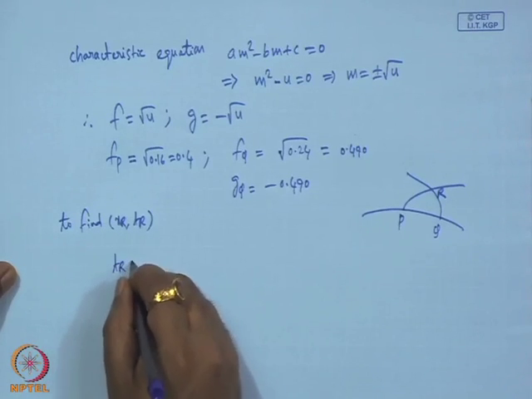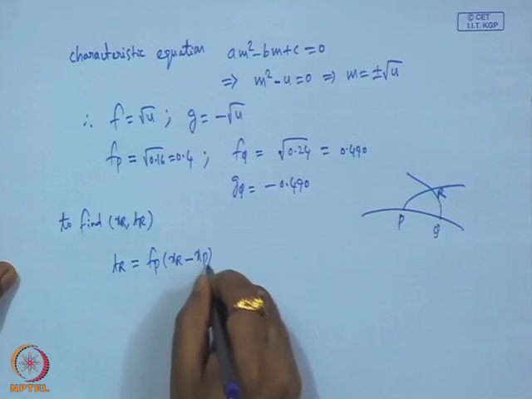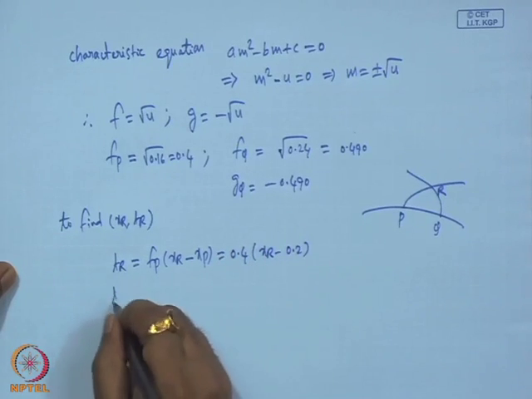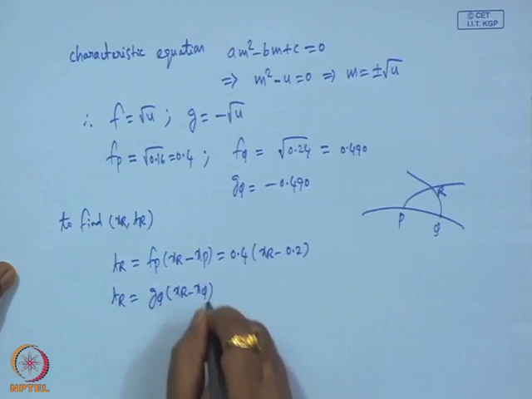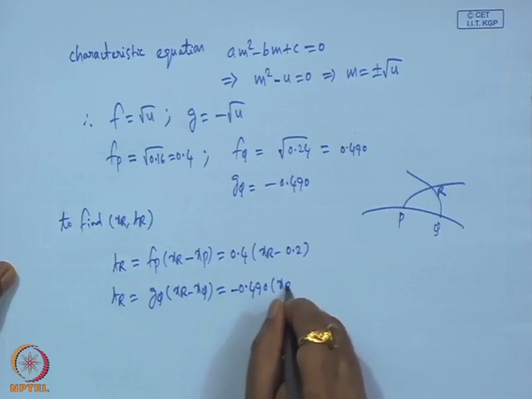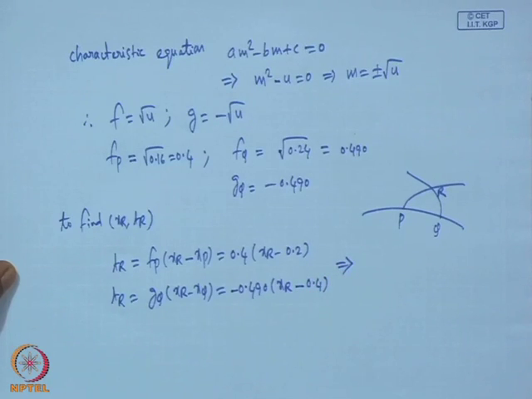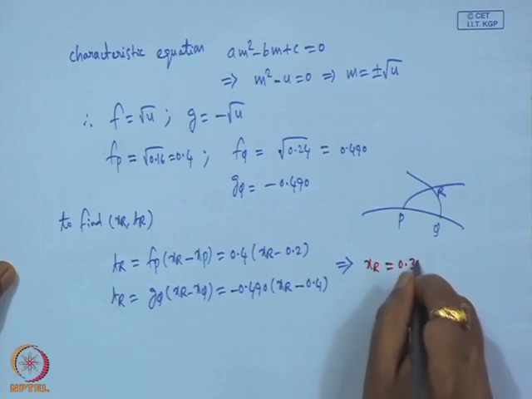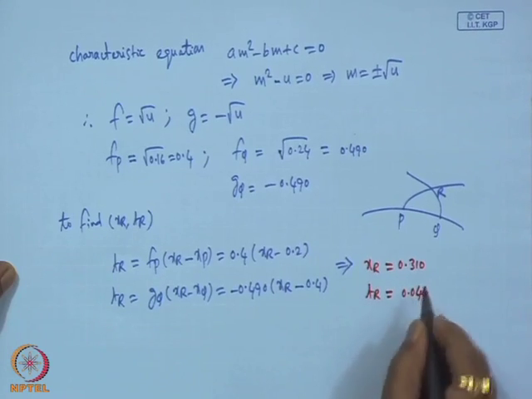So, TR is, so this implies we get X R and T R. Okay.